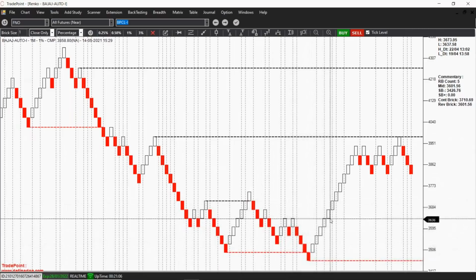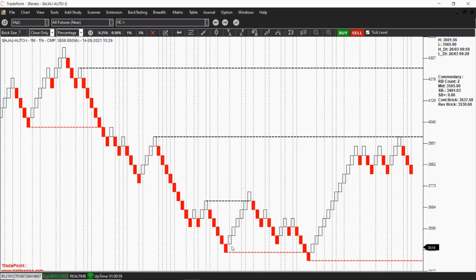Now 5 breaks means 5% in this chart, right? Because the brick size is 1%. So wherever you got a reaction of at least 5%, that level is important. Make sense? And this was an important support because there was more than 5 break bounce from that level.